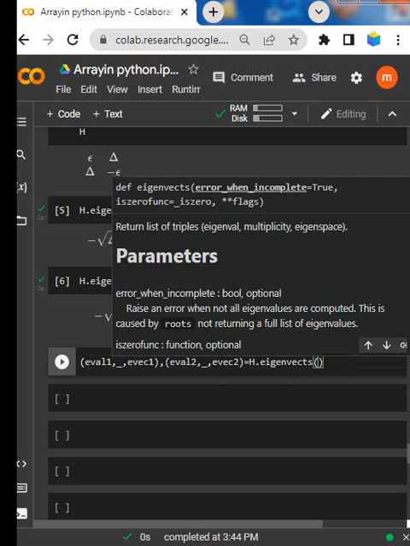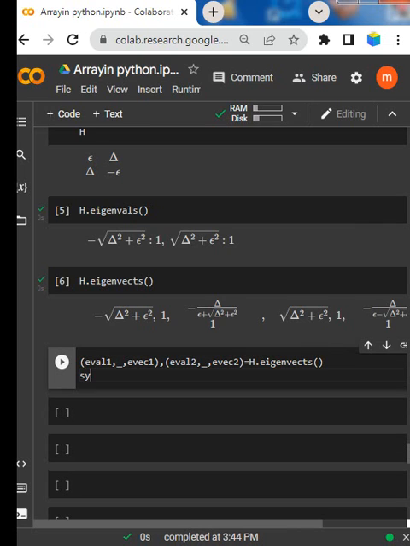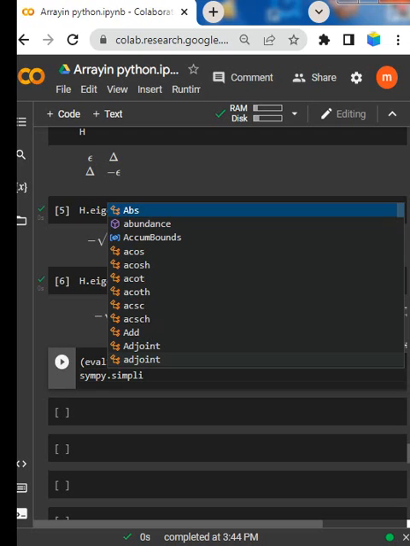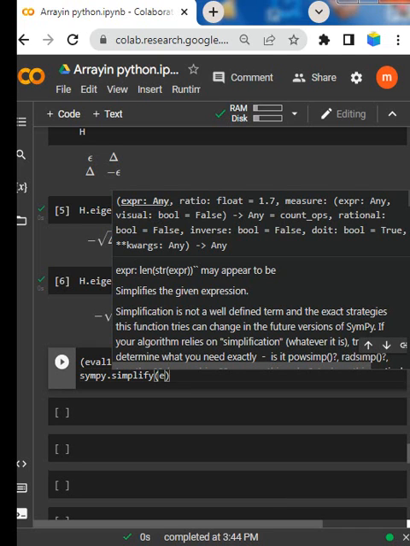Now we can use SymPy here. Let's write sympy dot simplify, parenthesis, EVEC1 square brackets 0 dot dot EVEC2 square brackets 0.